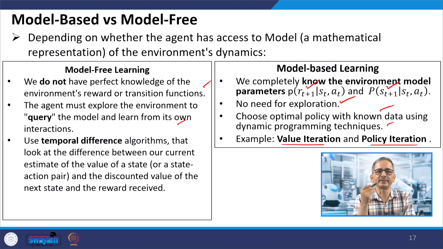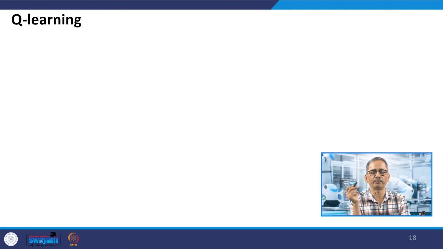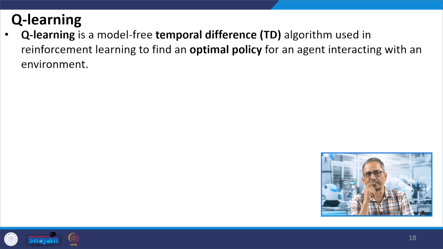It uses temporal difference algorithms that look at the difference between the current estimate of the value of a state and the discounted value of the next state and the reward received. An example of this is Q learning, which is off policy, and SARSA, which is an example of on policy.